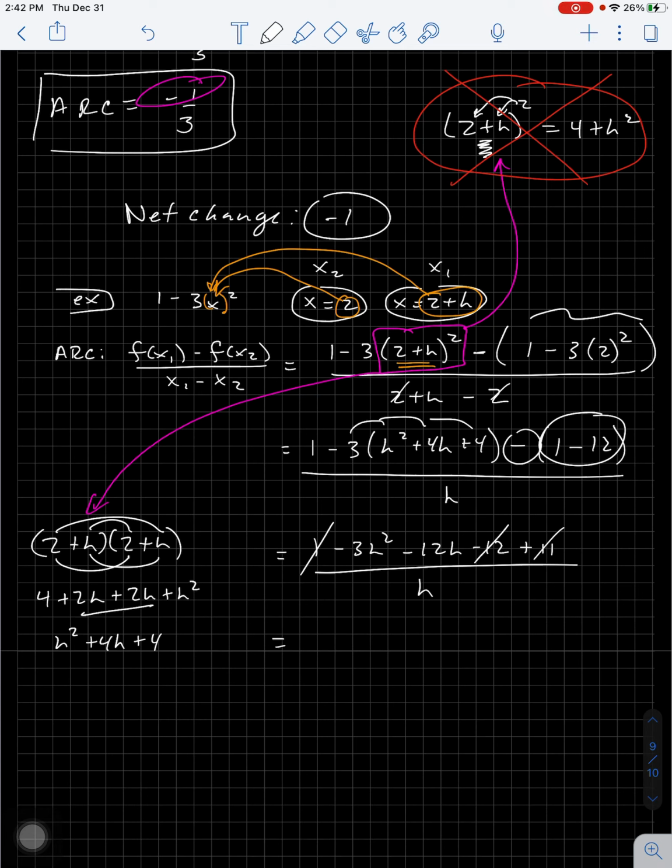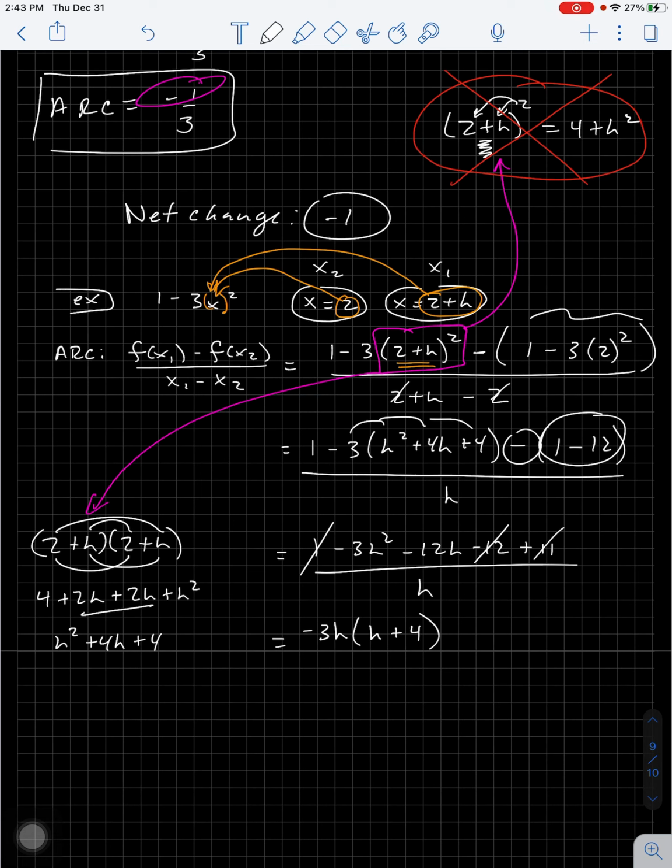So I've got a negative 12 and 11, 12. Those all cancel. And the only thing I'm left with up top is h terms, so I'm going to factor out an h. You could also factor out a negative 3 if you want. I think that'd be nice. So that's going to leave an h plus 4 inside.